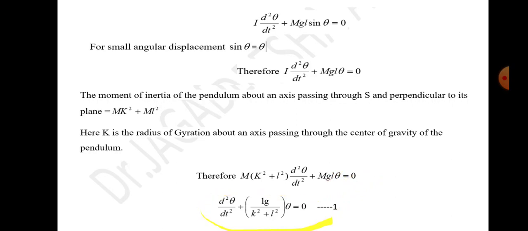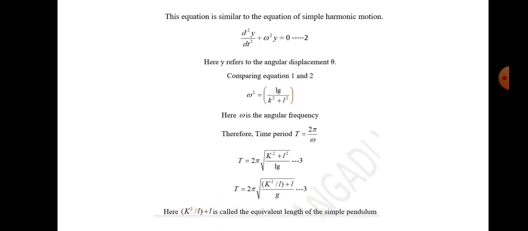This is equal to the equation of simple harmonic motion, d square y by dt square plus omega square y is equal to 0, where y refers to the angular displacement, that is theta. Here omega square is equal to Lg by k square plus L square.